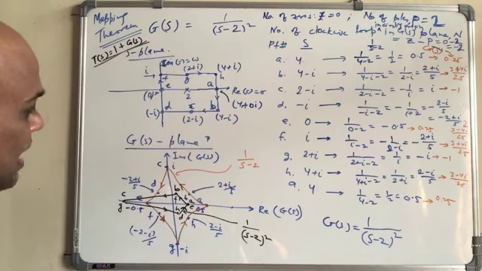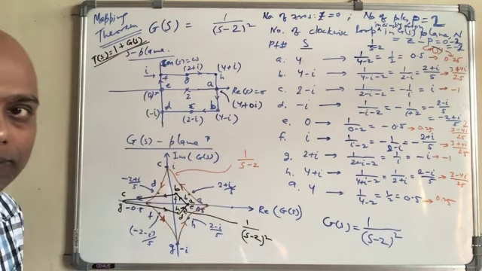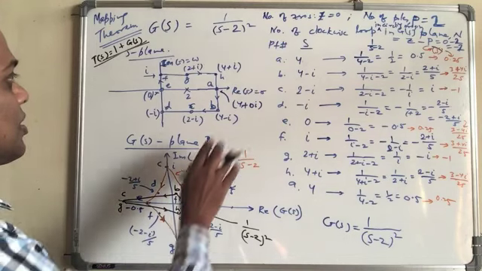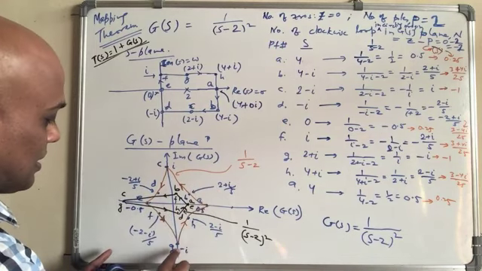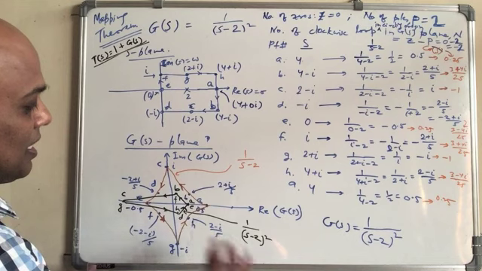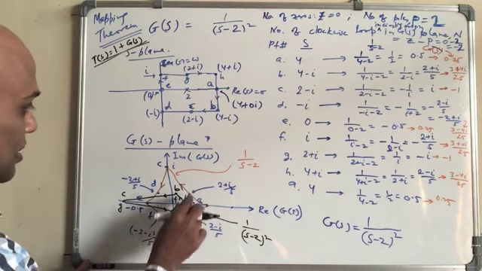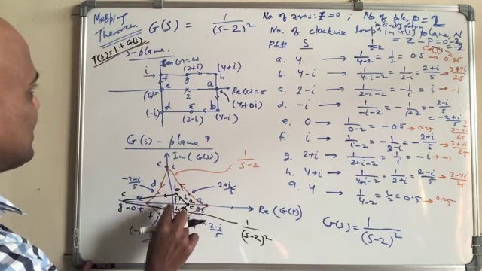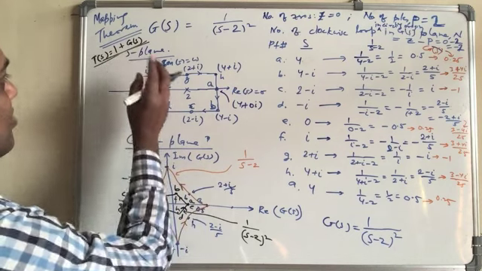Then how is the mapping going to change? Whatever you have plotted, you just shift the origin. That's it. The value of G(s), whatever you are getting here, we are shifting by 1.